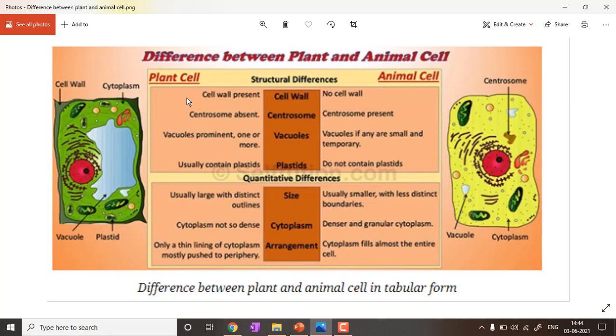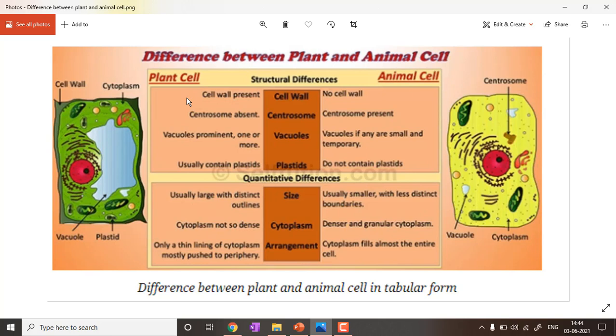Hence it is said that there is no cell wall in animal cell whereas there is a cell wall in plant cell. Centrosome is absent in plant cell. Centrosome is present in animal cell. Centrosome is basically a structure present near the nucleus which helps in division of the cell.